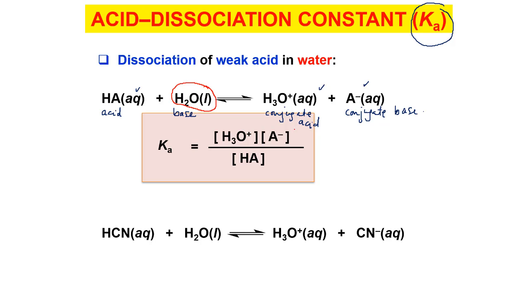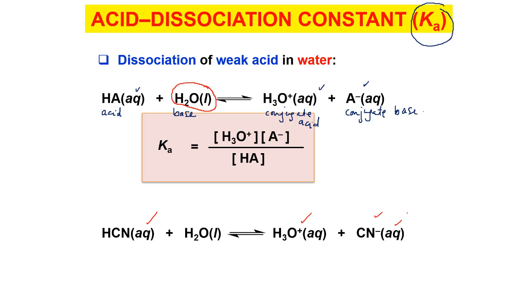Okay? So now let's look at a real example. Let's say I have hydrocyanic acid. This is a weak acid. So the weak acid, hydrocyanic acid, dissociates in water very slightly. It forms hydronium ion and cyanide ion, aqueous. We look at the aqueous phase; water we ignore. So what is its Ka expression?